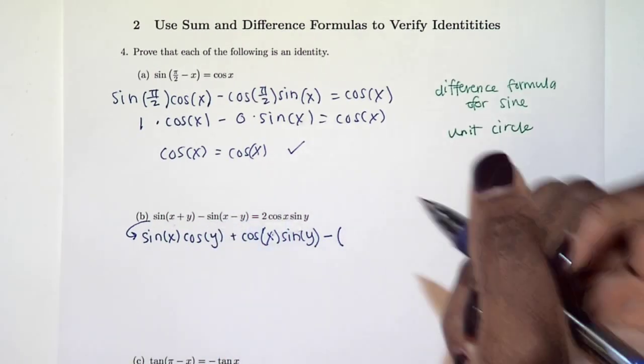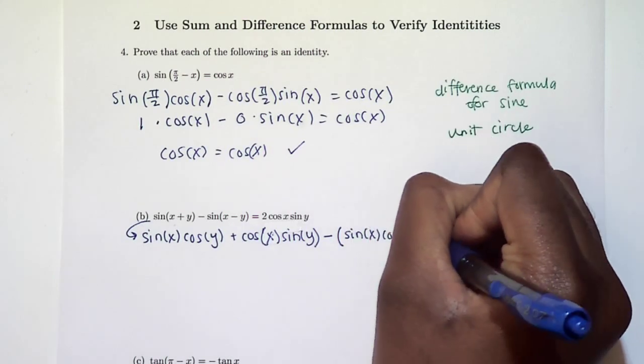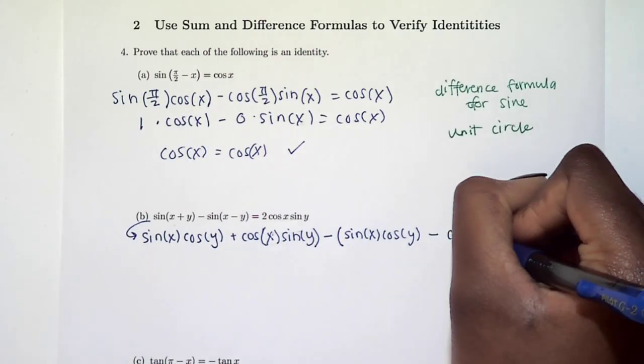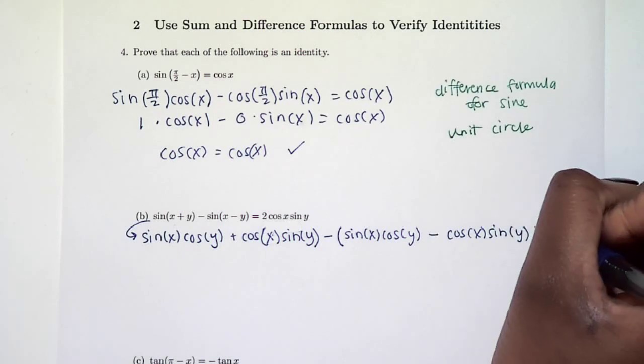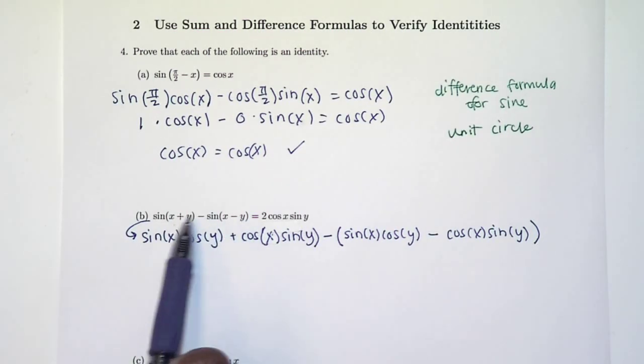Difference formula for sine is similar: sine of the first one, cosine of the second one, this time minus, cosine of the first one, sine of the second one. That is just me expanding the left side using the sum and difference formulas.